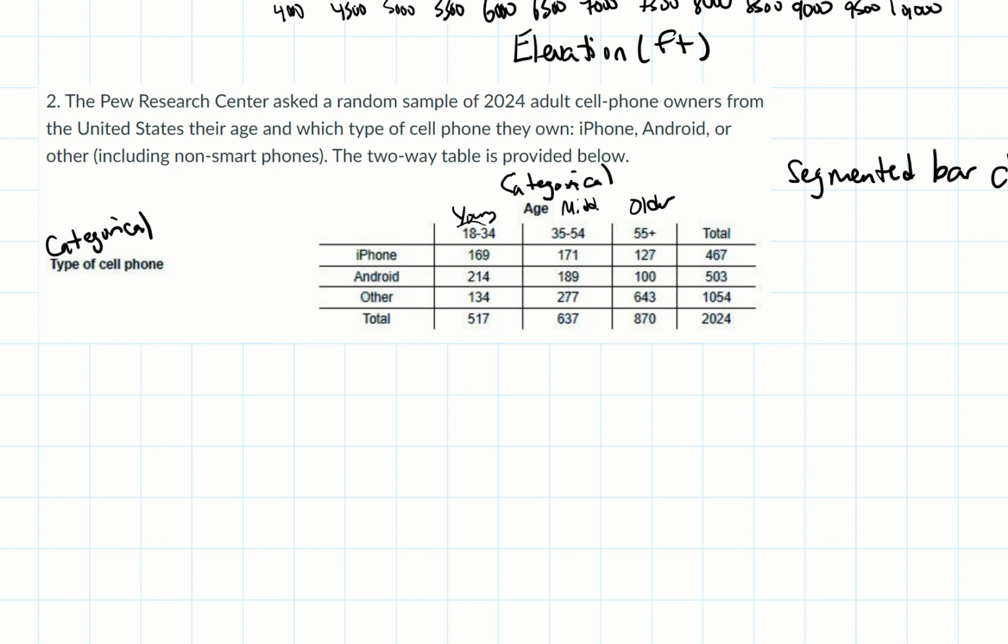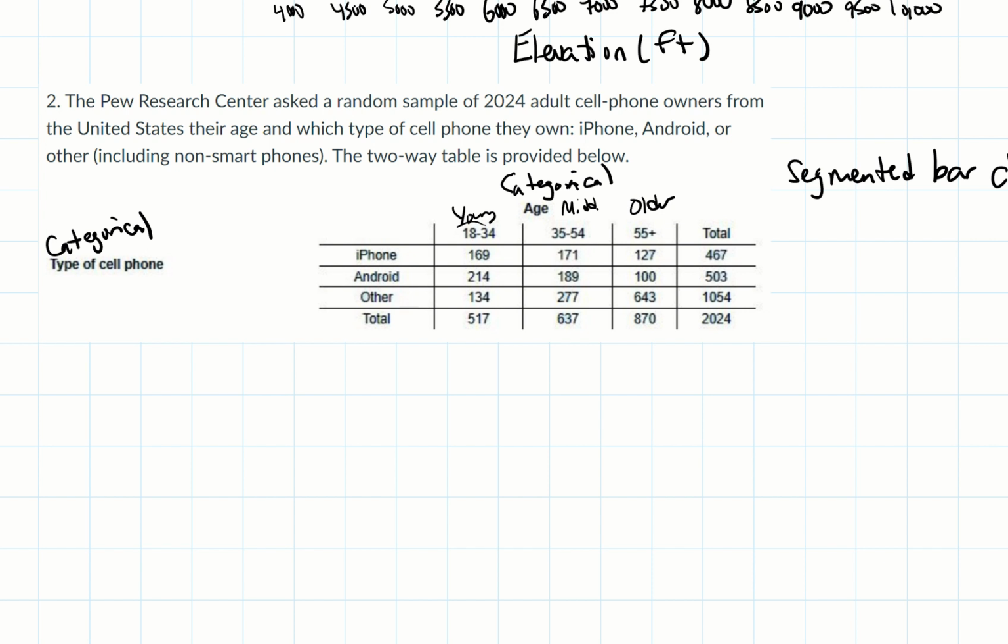Other could be flip phones, things that are not considered smartphones, or maybe other types of phones like Windows phones. Those are smartphones too, technically. But I would think older people might use flip phones, things that are not as techy.